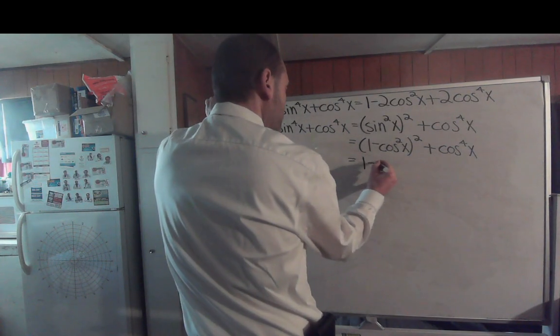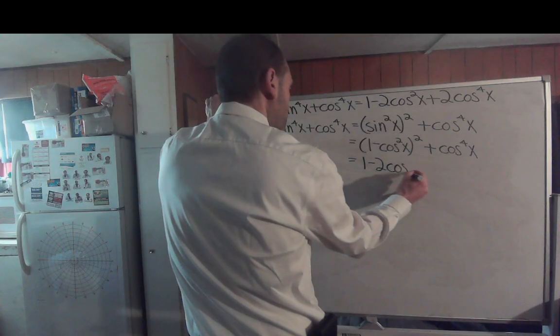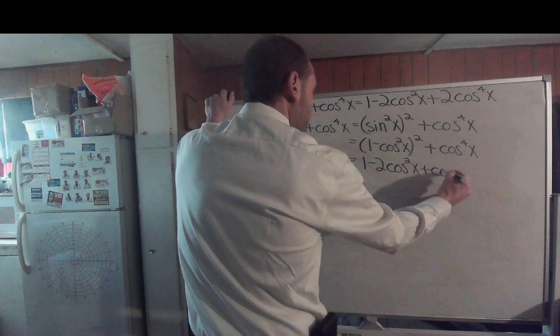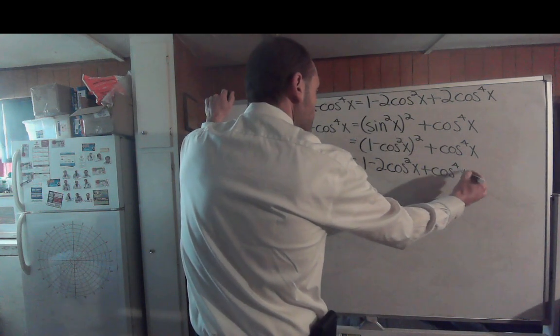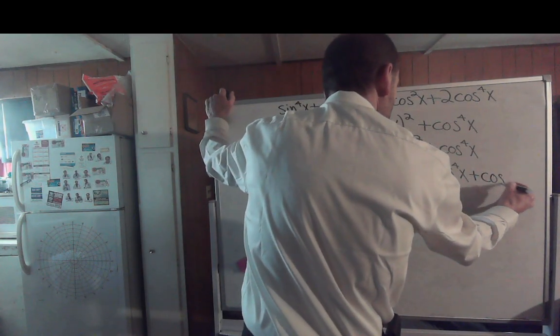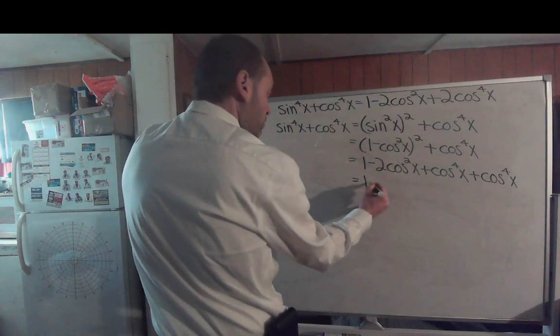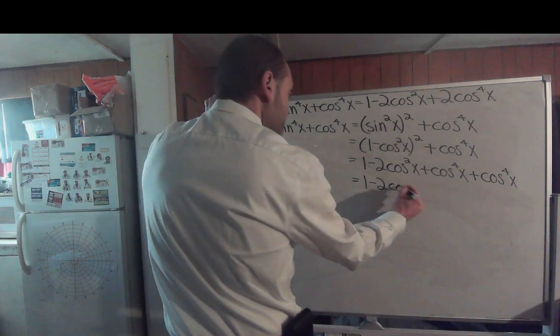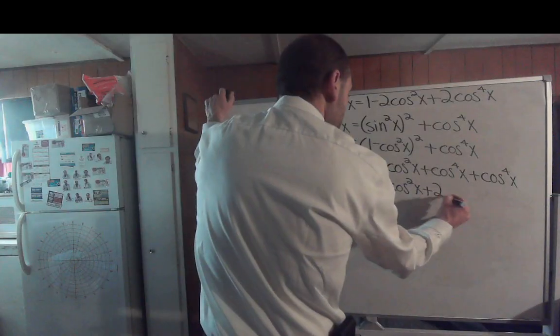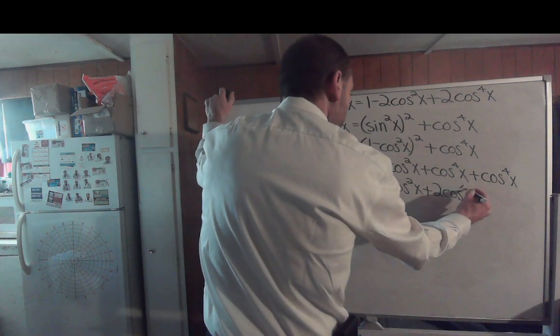That'll be 1 minus 2 cosine squared of x plus cosine 4 of x plus another cosine 4 of x, which would simplify into 1 minus 2 cosine squared of x plus 2 cosine 4 of x.